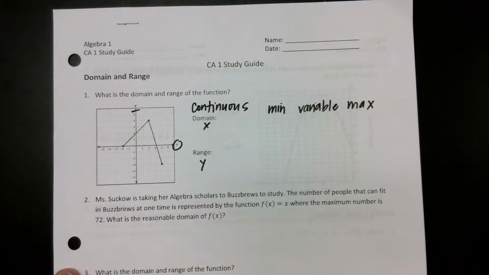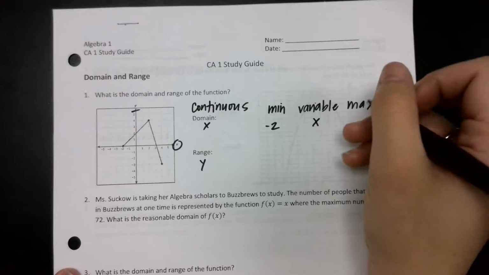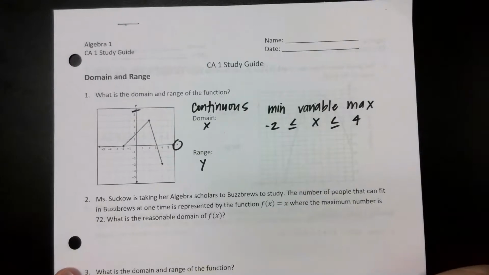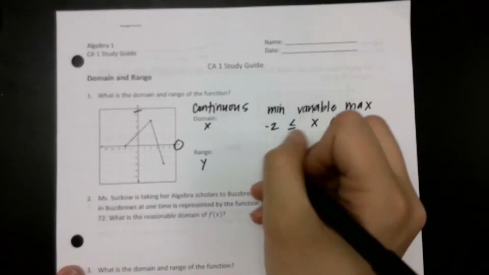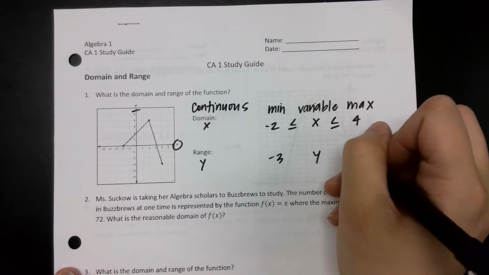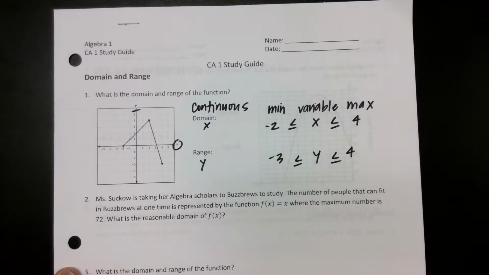Our minimum domain value is -2. Variable is x, max is 4, closed dots, less than or equal to. Range, lowest y value, -3. Variable y, highest y value, 4, closed dots.